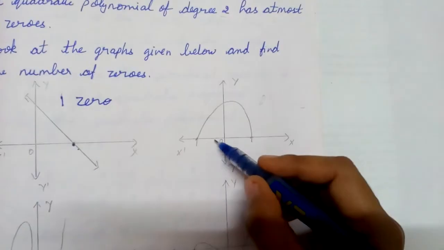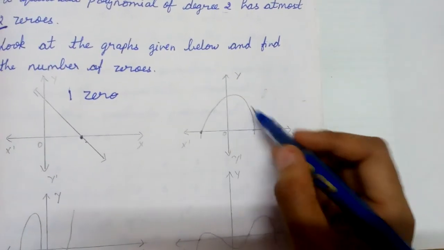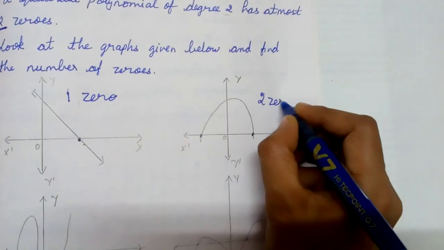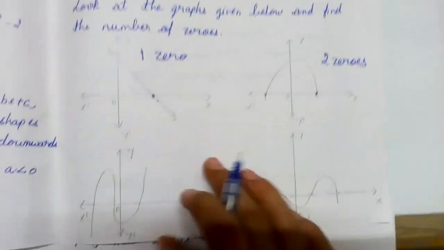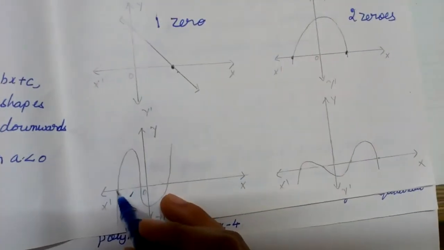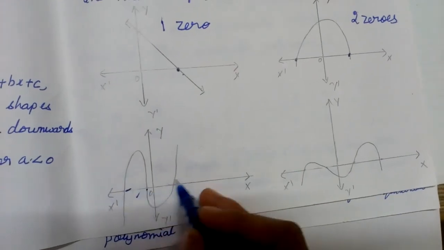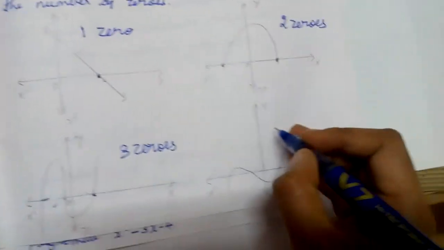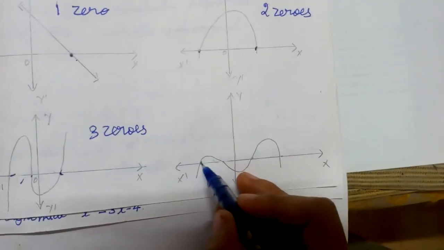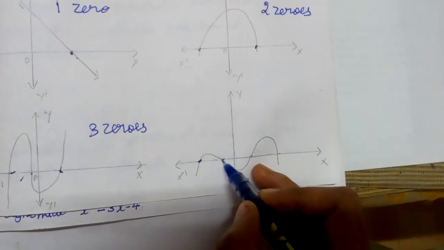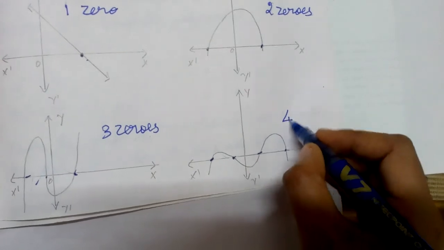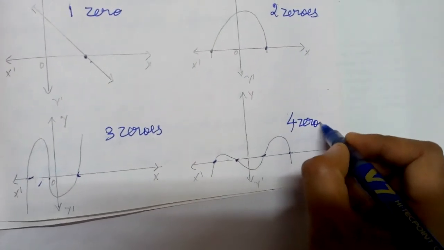When you consider this, it intersects the x-axis at 2 points, so it has 2 zeros. This graph intersects the x-axis at 3 points, so it has 3 zeros. This graph intersects the x-axis at 1, 2, 3, 4 points, so it has 4 zeros.